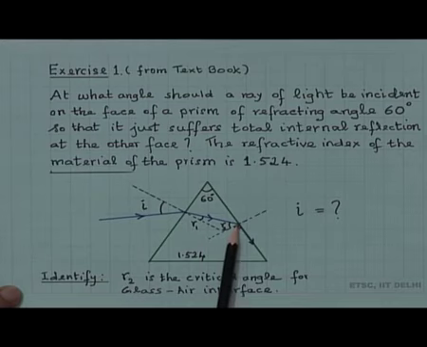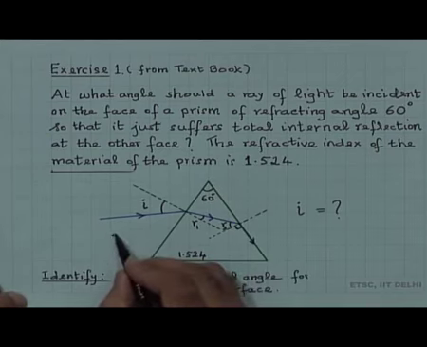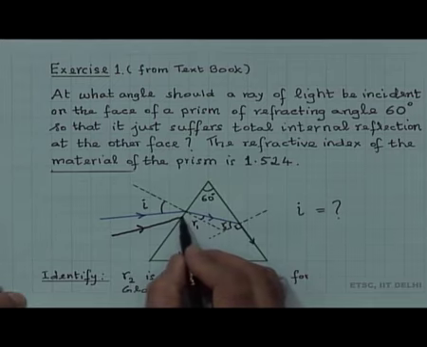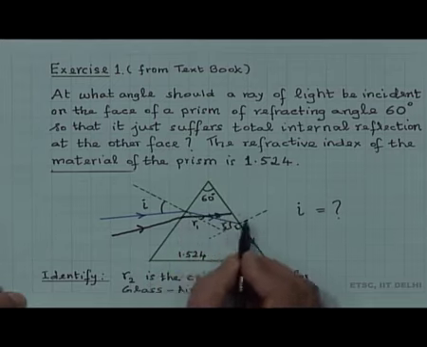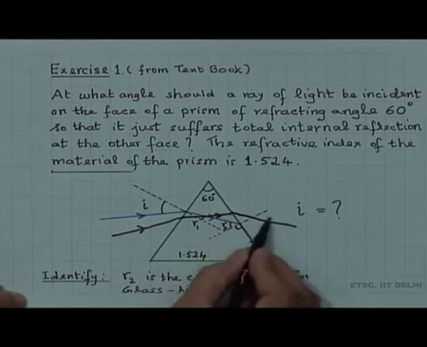If the refraction taking place at the other interface is such that it undergoes total internal reflection, it just means our angle of incidence here is the critical angle. When this is the critical angle, the refracted ray will graze through the interface. If I were to take another ray here, a deeper ray which is incident like this, then it would have gone here like this, and obviously it would not meet the critical angle.